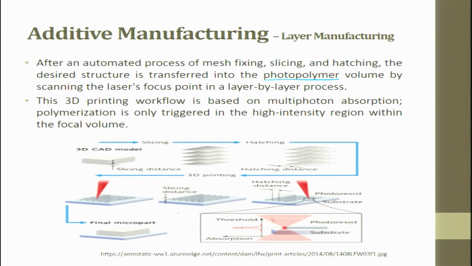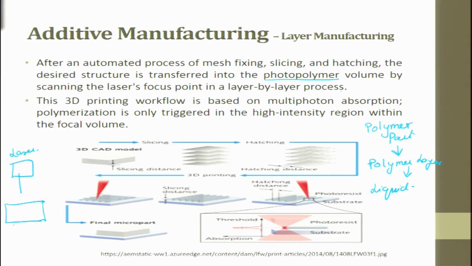So, what we are trying to say is, we are trying to develop a polymer part, right. This polymer part is developed from polymer layer. The layer whatever is getting made, the starting material is a liquid. So, now what do I do is, I have a laser which comes down and then I have a tank in which photopolymer is filled.